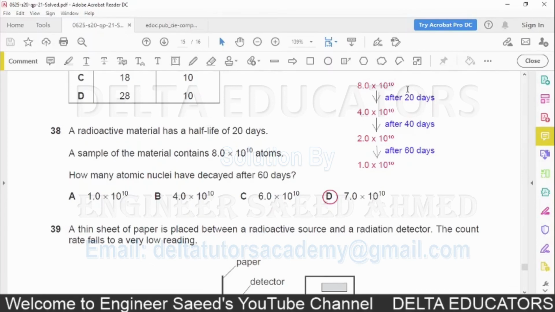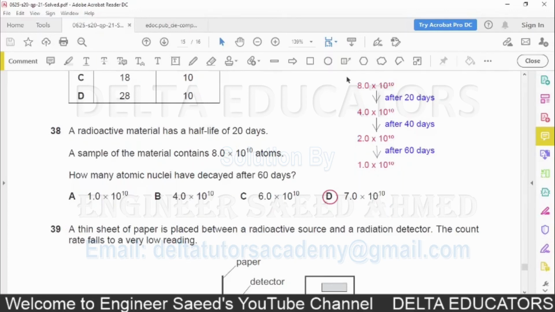Half-life is 20 days, so after 20 days, the number of atoms will be 4 × 10^10. Now after 40 days, how many atoms will we have? We will have 2 × 10^10. Now after 60 days, again half of this 2 × 10^10, it will be 1 × 10^10. So after 60 days, the number of atoms will be 1 × 10^10.